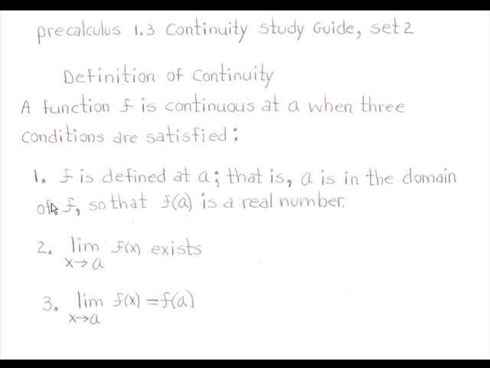So these are the three conditions that we will be using of the definition of continuity to determine whether a function is continuous or not at a particular point. So once again, you must know the definition of continuity as you know your name. Let's get ready to move on and take a look at the first problem.